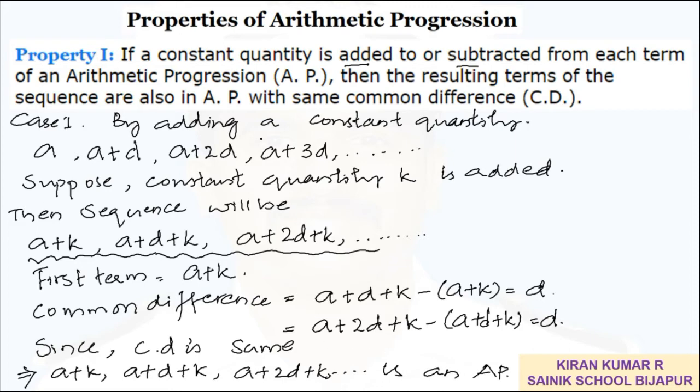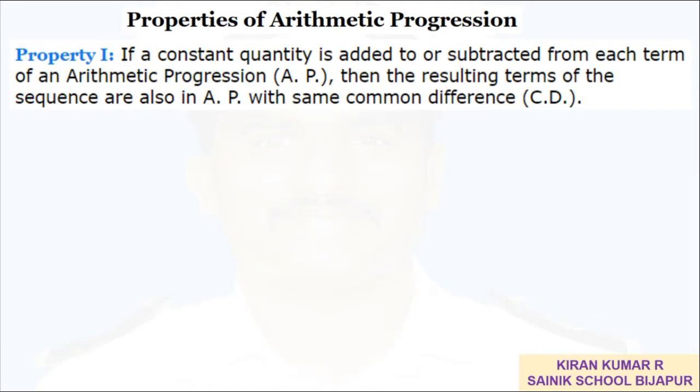This is a proof for when a constant quantity is added. Let me consider the second case now. The second case is when a constant quantity is subtracted from each term.